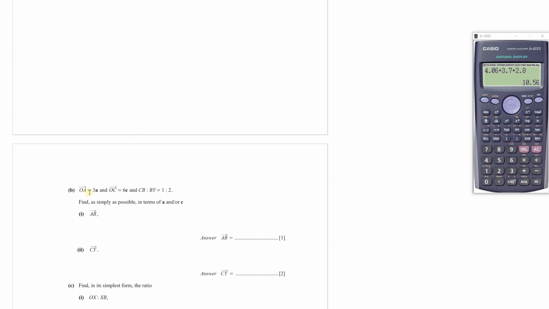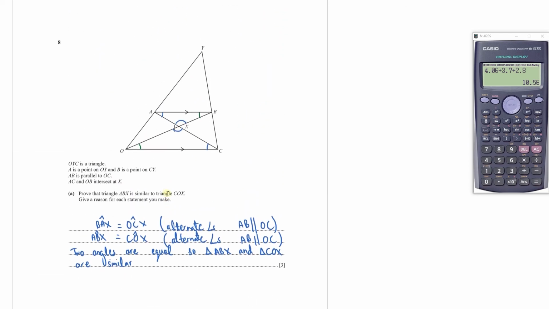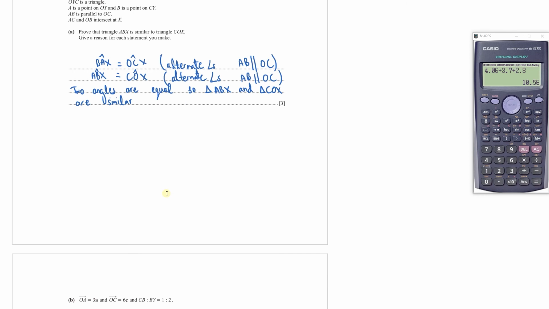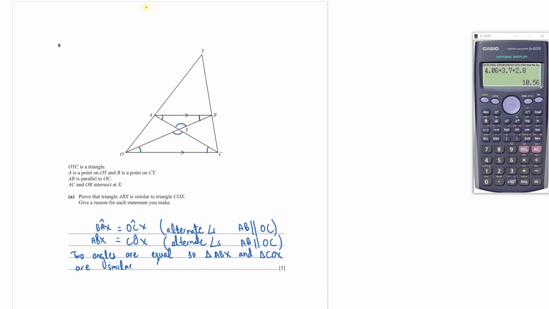Part B: vector OA is 3A, vector OC is 6C, and the ratio CB to BY is 1:2. So this vector here is 3A, this vector here is 6C, and this ratio here is 1:2.